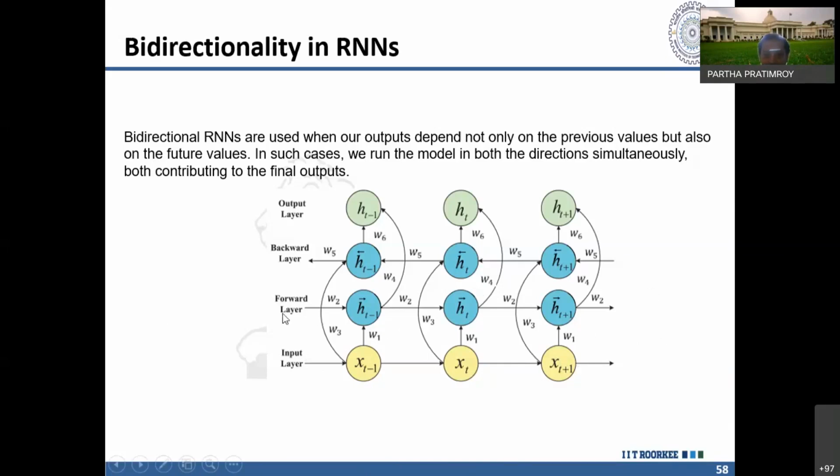Here one RNN comes from the forward direction, past to future, which we have already discussed. This is a simple RNN, and then another RNN takes from the last words.